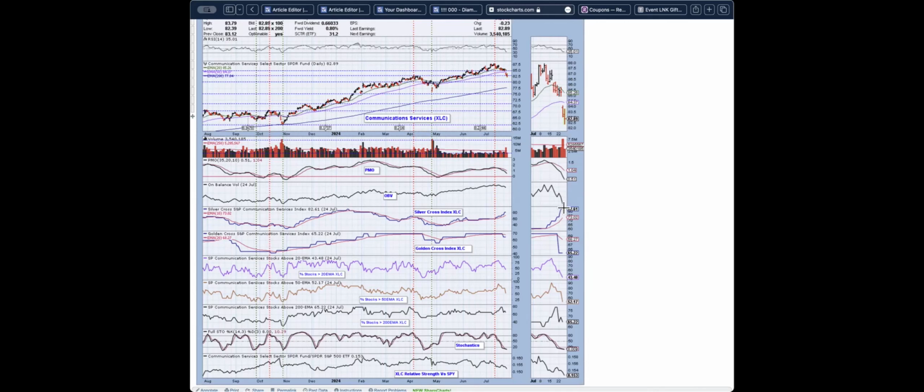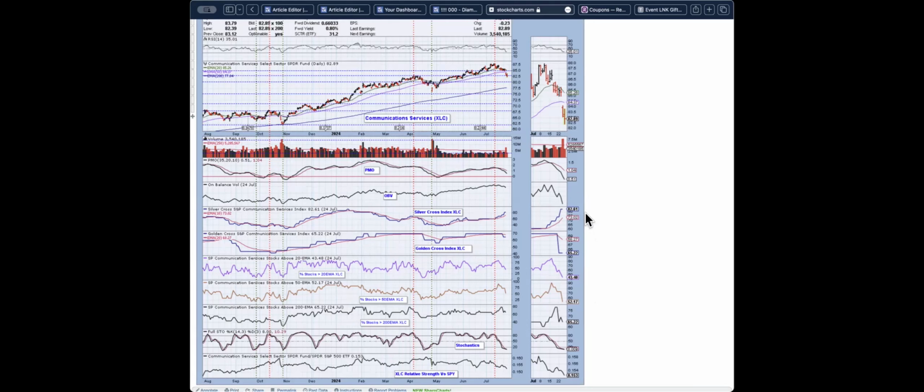It's well above its signal line, but we have a Golden Cross Index that's doing the opposite, moving in the opposite direction. So we're losing some of the strength in the foundation. And while we have a pretty good foundation in the intermediate term, these lower percentages are going to drag this Silver Cross down very quickly.